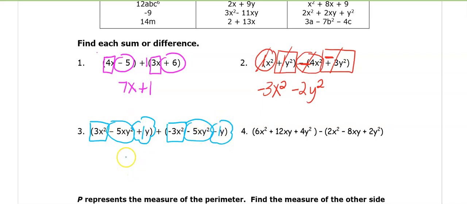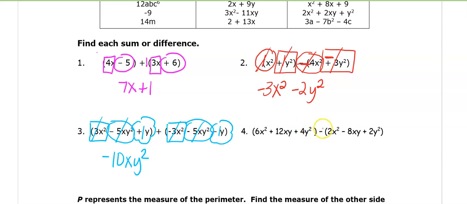So 3 minus 3 is 0. Then I have -5 minus 5 is -10. Be careful there. If I owe one person $5 and I owe another person $5, I owe $10. Then we have 1 minus 1, which is also a 0. So those first two, the cloud and the square, actually end up canceling out.